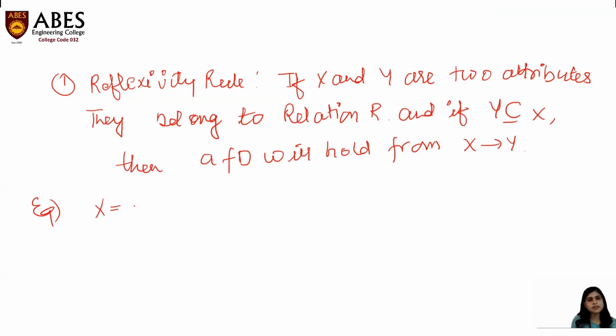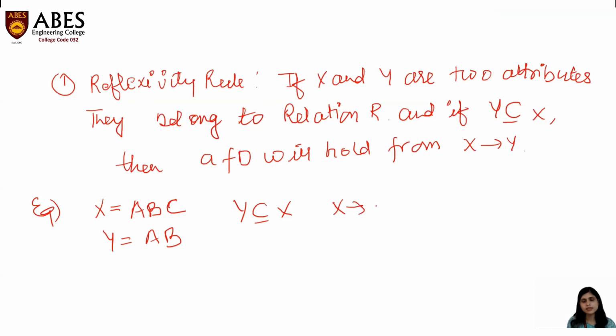Let's suppose x equals ABC and y equals AB. According to the rule, we can see that y is a subset of x. It's already visible, y is a subset of x. Then we can say that x implies y.